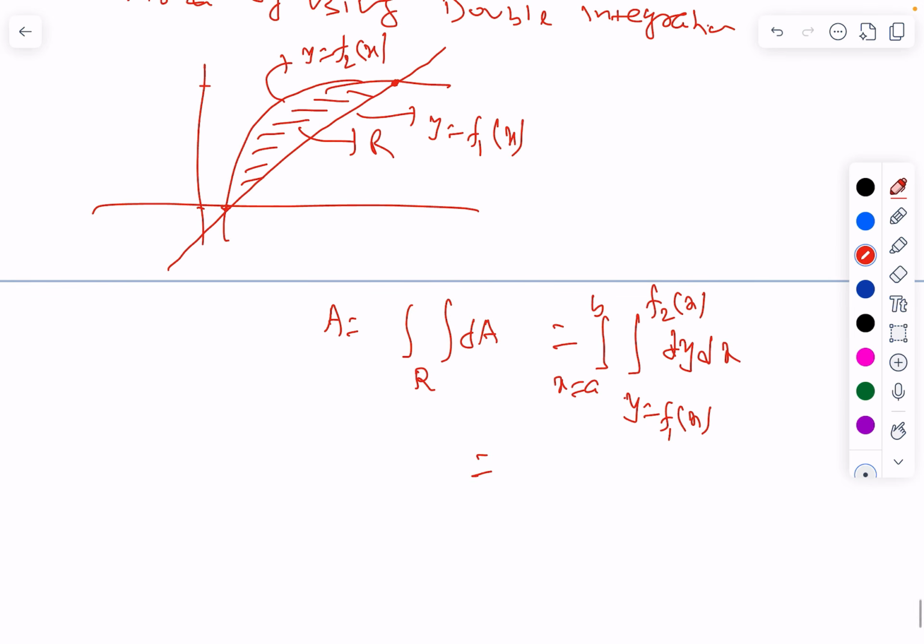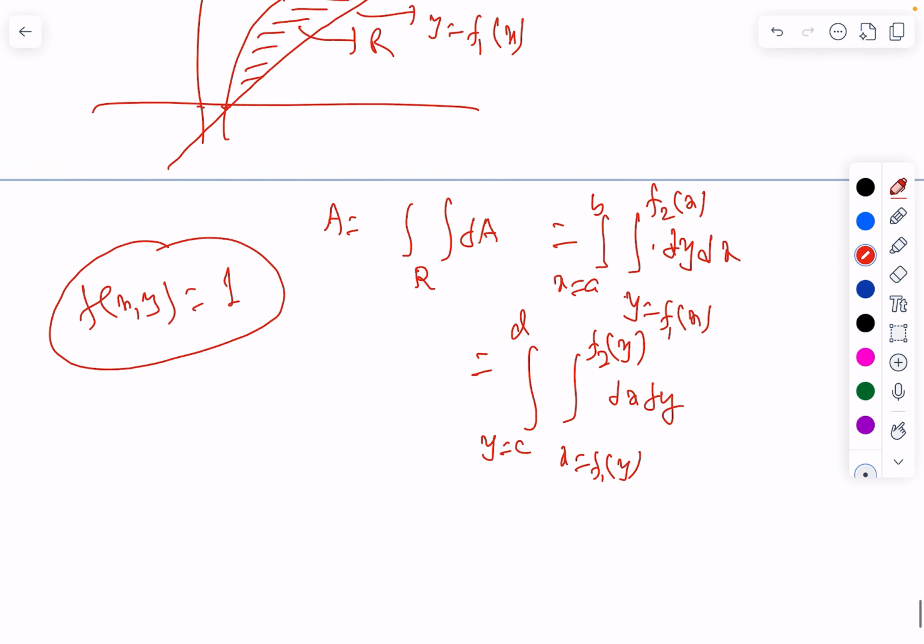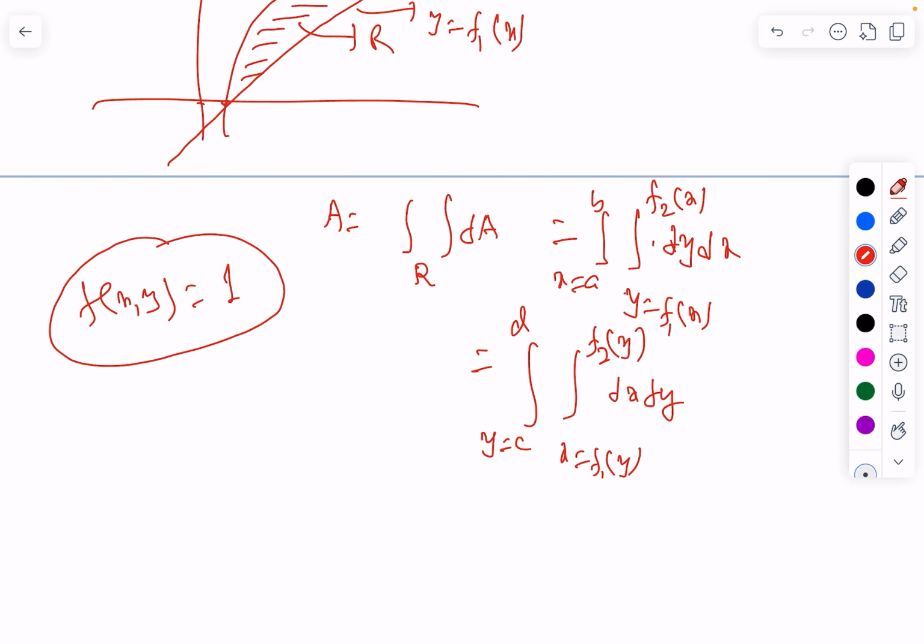You may also write x equal to f1(y) to f2(y) and y equal to some c to d, dx dy. In short, the function that we are having in this integration sign is nothing but 1. So it's a very simple integration, and we can easily solve the example.